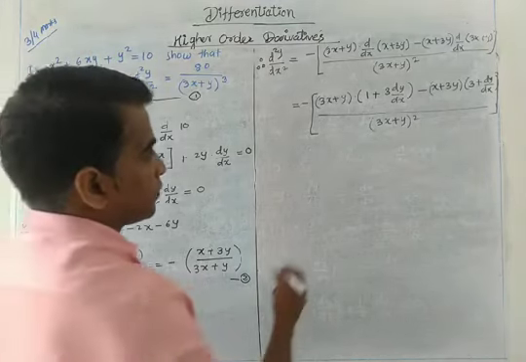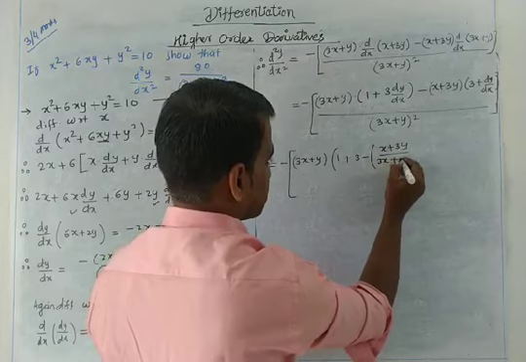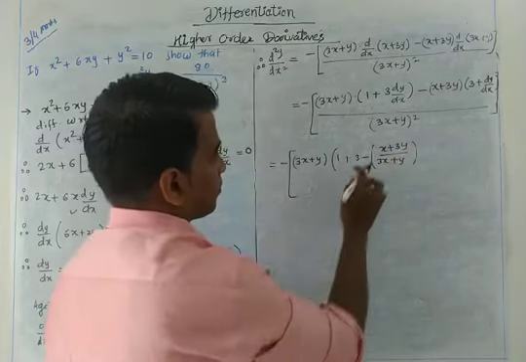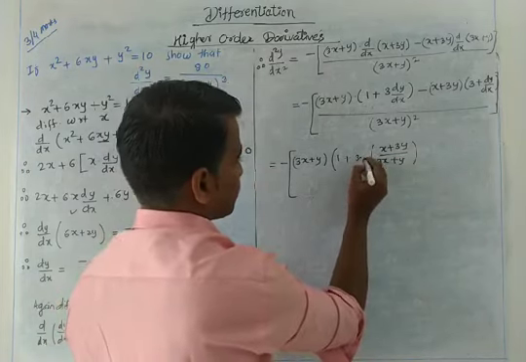Is it clear? Now we are going to substitute the value of dy by dx from equation 2. So we will get minus (3x plus y) into 1 plus 3 times minus (x plus 3y) upon (3x plus y). Multiplication going forward.